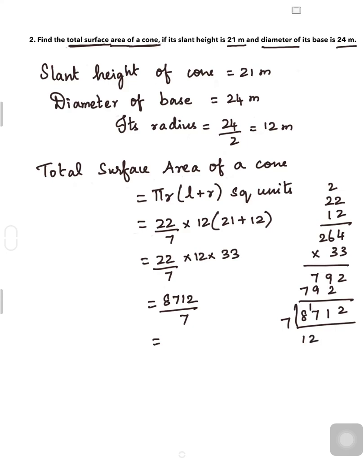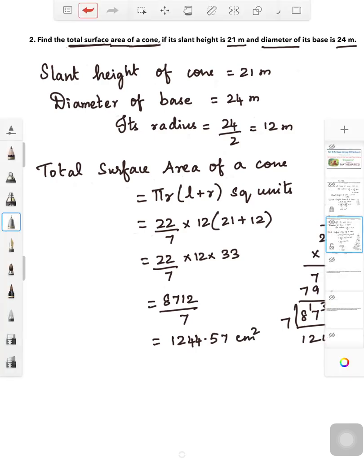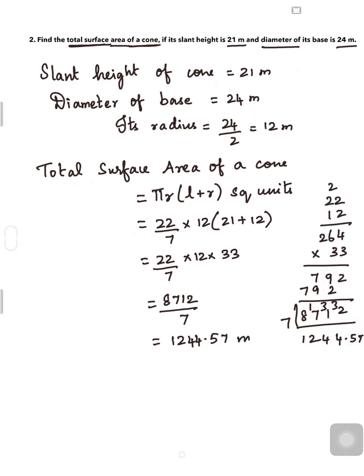Sorry, the unit is meter, so we have to write meter square. So, what is the total surface area of the cone? 8712 by 7. That is, when you do the division, you get 1244.57 meter square.